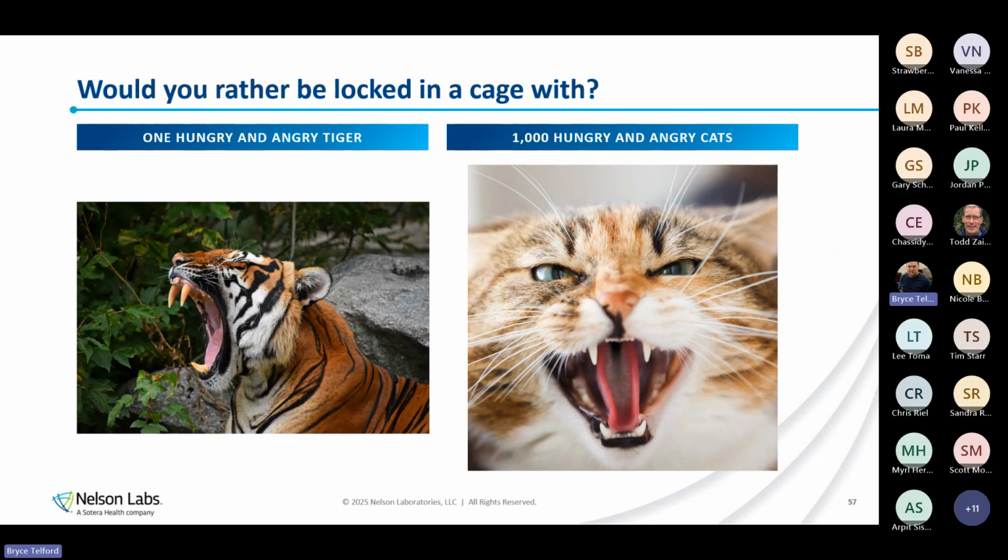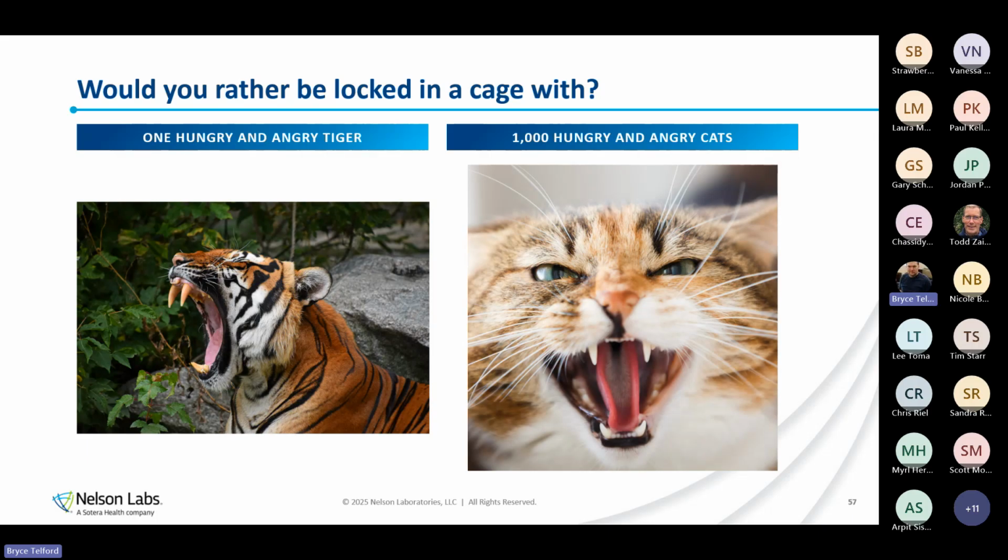Well, reality is both are going to be bad situations. If one cat is, let's say, 10 pounds on average, now I have 10,000 pounds of very many sets of teeth coming at me. If I have one tiger coming at me, that's also several hundred pounds of a set of teeth coming at me. Both are going to be bad situations.